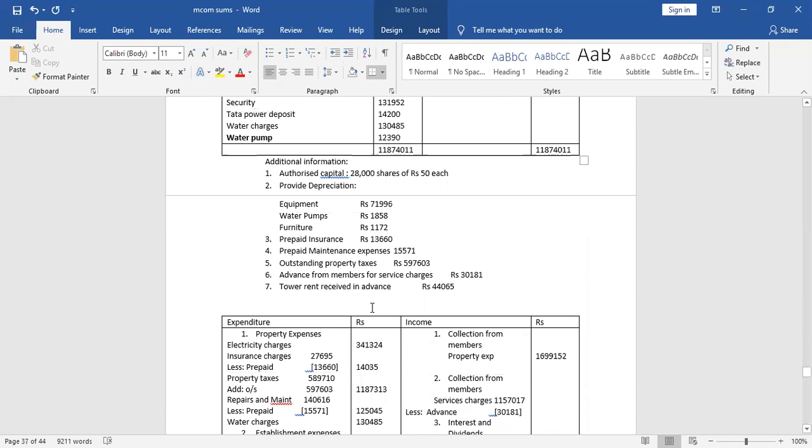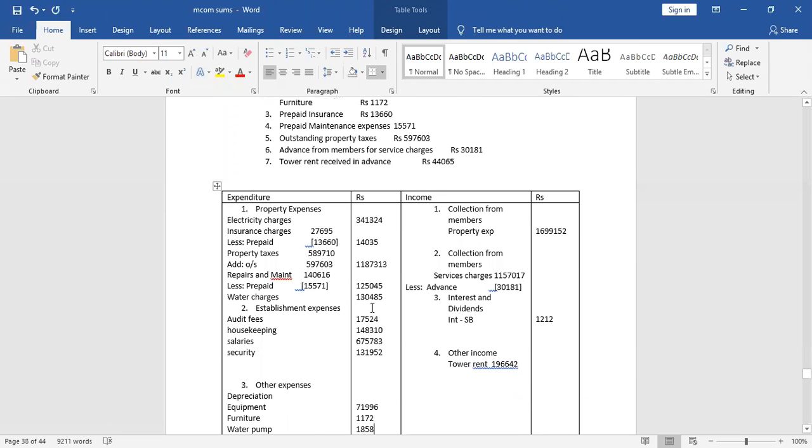Then we have tower rent received in advance. Here only. Since it is received in advance, this also has to be less. Less advance. What is the amount? 44,065.